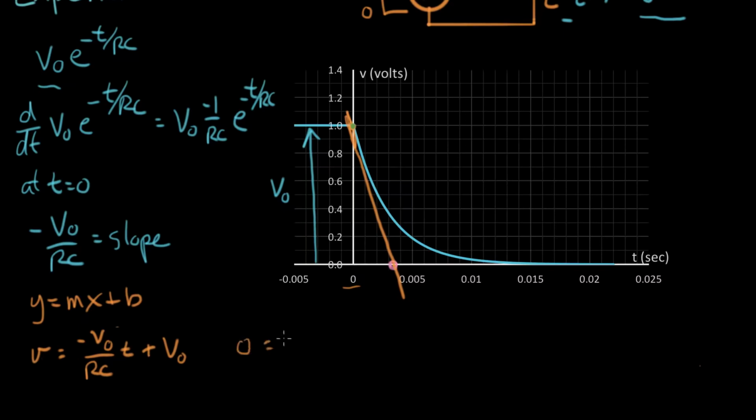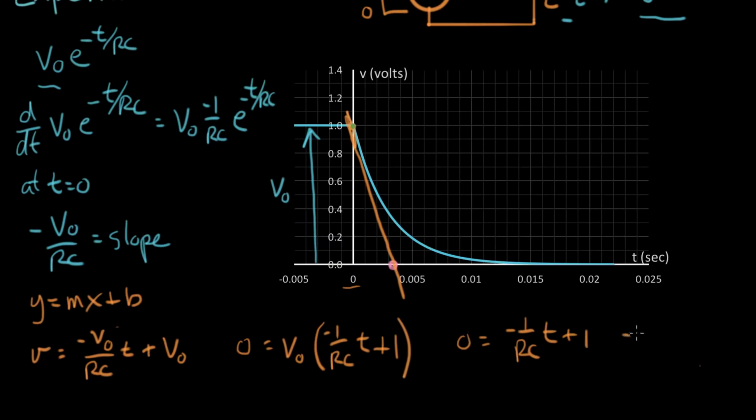0 equals V naught times minus 1 over RC times t plus 1. Don't lose the minus sign. If I divide both sides by V naught, I get 0 on this side and this term on this side. So 0 equals minus 1 over RC times t plus 1. We want to isolate t, so we'll take the 1 to the other side and multiply by RC.